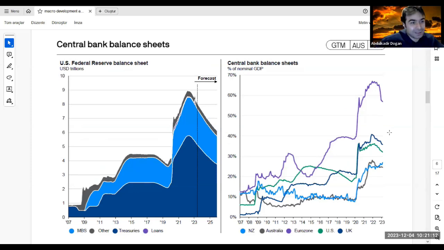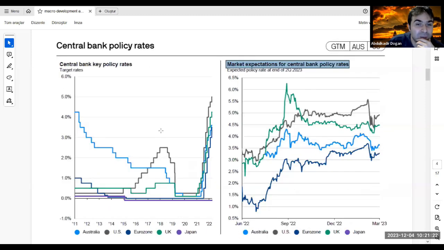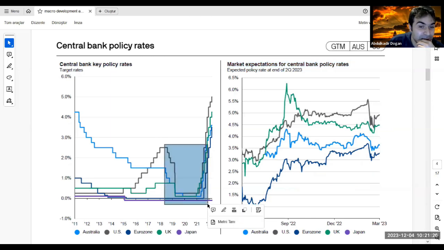And as you see here, maybe some of the attendees, if they participated in our class in the previous week, know that during the COVID crisis, we decreased the interest rate. What did the central bank do? The central bank did this. They decreased the interest rate to the zero lower bound.